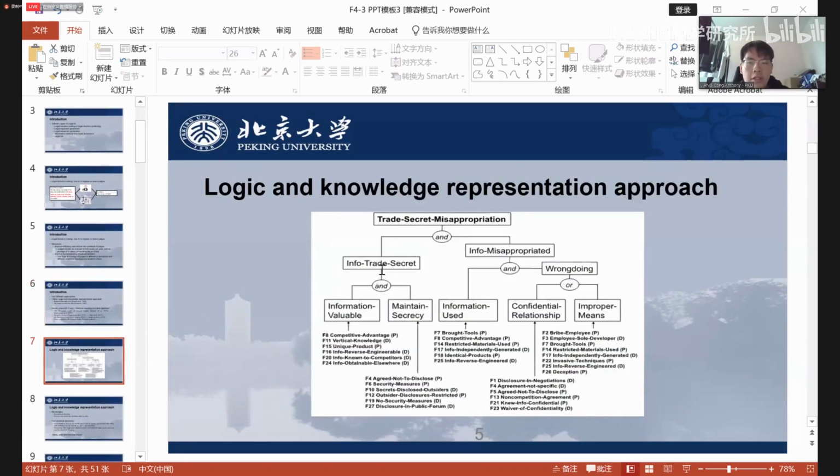So let's turn back to the logic and knowledge representation approach. As you can see, it's very complicated. Even as a legal master's student, I cannot understand what the figure means. It's really complex.